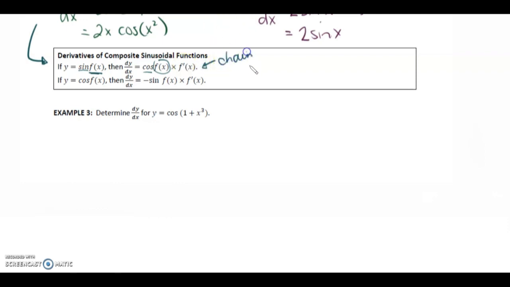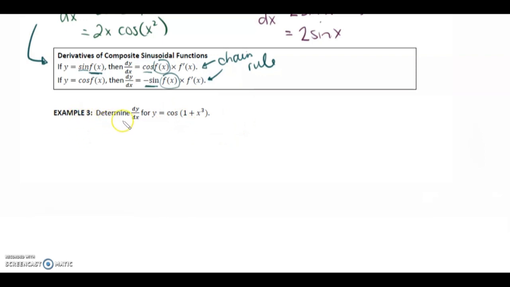So this is chain rule. That's what we just saw. And if y equals cos f of x, then the derivative is negative sine, leave the f of x as it is, and then chain rule it.